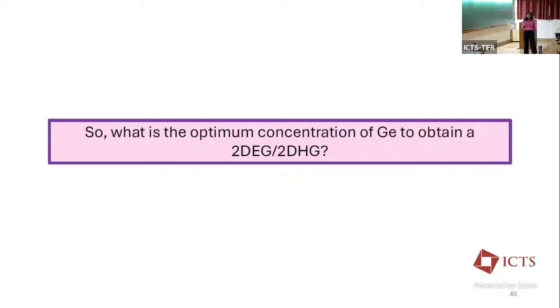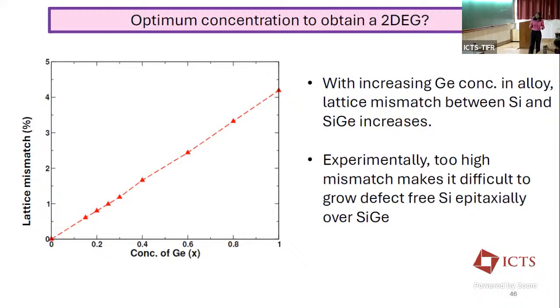So if I conclude and talk about what's the optimum concentration of germanium so that one can obtain a 2D electron gas or a hole gas, then one thing more one has to consider here is, if you keep on increasing the germanium concentration in the alloy, we have silicon deposited on top of it, so the lattice mismatch is going to increase. It increases linearly.